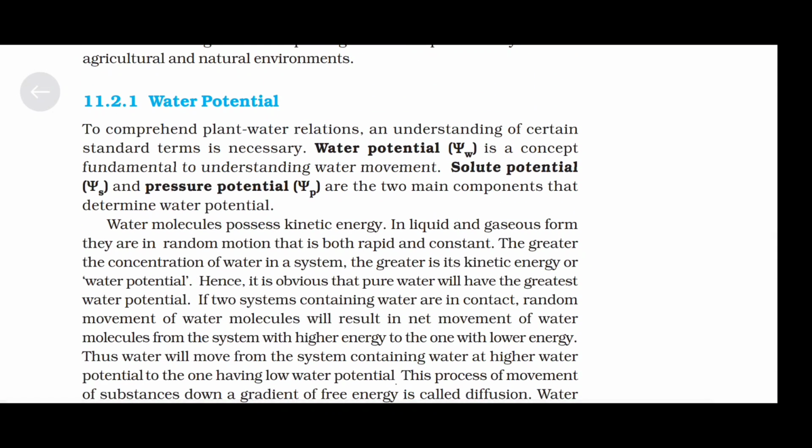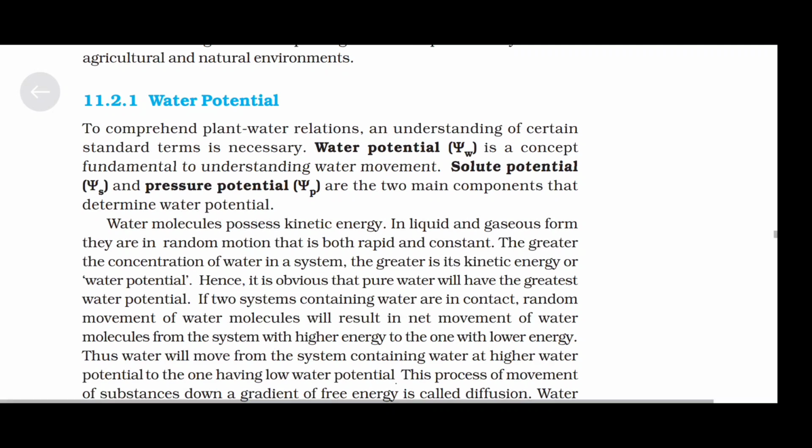Water potential. To comprehend plant water relations, an understanding of certain standard terms is necessary. Water potential, psi W, is a concept fundamental to understanding water movement. Solute potential, psi S, and pressure potential, psi P, are the two main components that determine water potential.